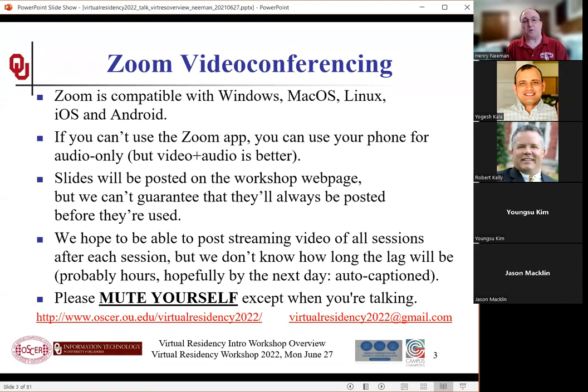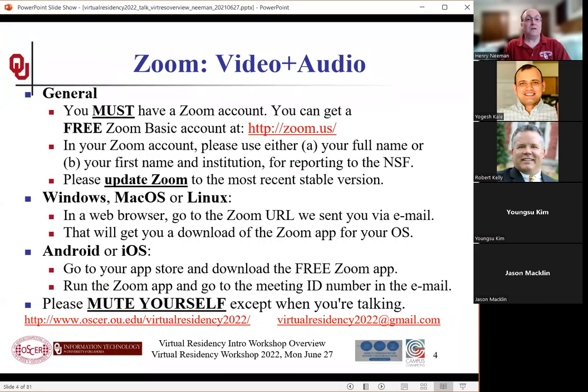Also, please keep your camera off unless you are talking, like making a comment or asking a question. You don't have to turn your camera on ever, but please don't just leave it on, because some people have limited bandwidth, and having a lot of video activity can make it difficult for them to follow along in the sessions. I already said all this, so we're good to go.